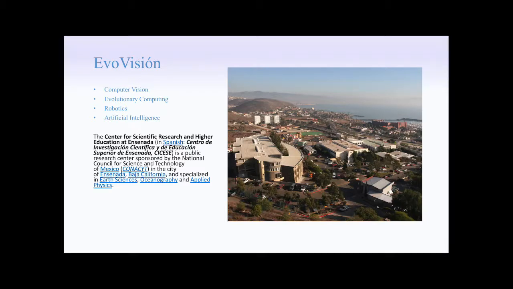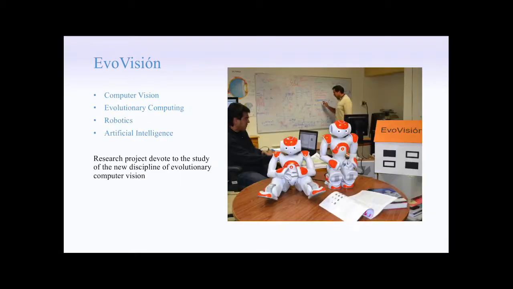I lead the Evolution project, a research project devoted to the study of the new discipline of evolutionary computer vision, where we study computer vision, evolutionary computing, robotics, and artificial intelligence.